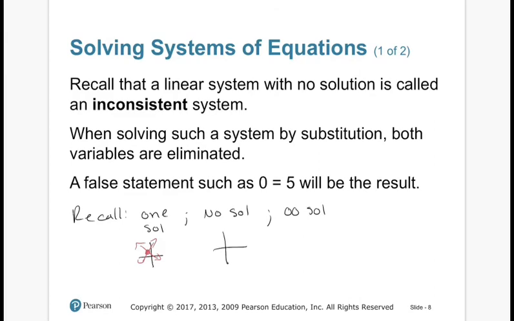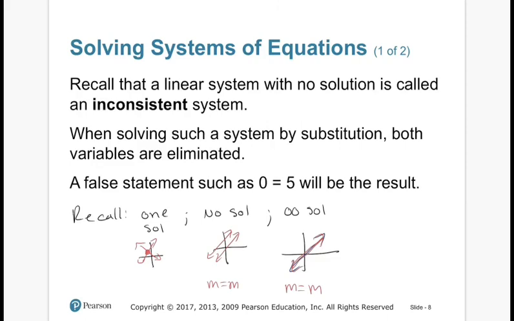No solution is when your lines don't crisscross; they're parallel to each other. And we said that for that to happen, m must equal m with a different constant. And finally, we have a line, and then we get another line that is exactly the same, equivalent to it. That means that we have infinitely many solutions, and again, m must be equal to m.